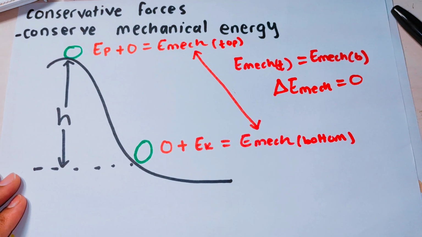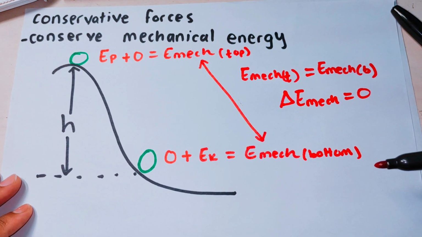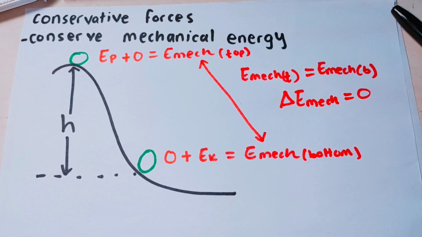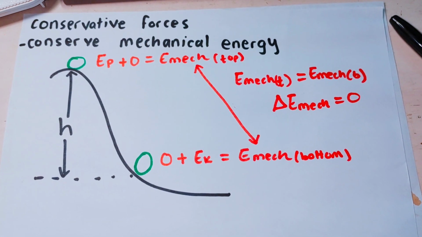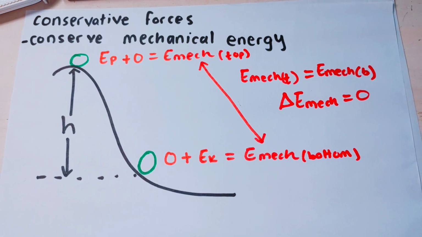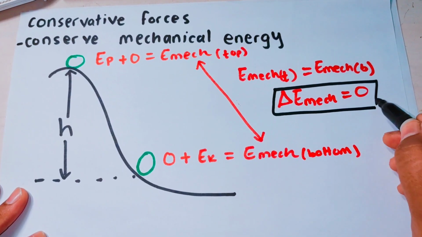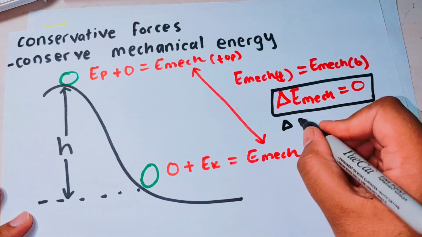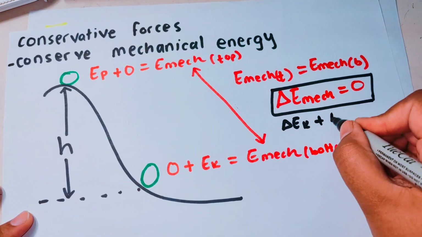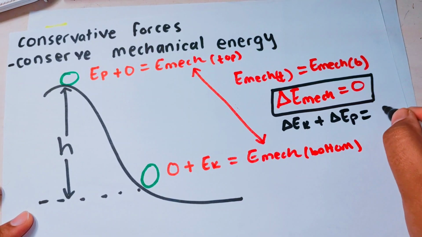And that is how mechanical energy is conserved when you have conservative forces acting on a system. So in this way, when you have conservative forces acting, the change in mechanical energy is equal to zero. In other words, the change in Ek plus the change in Ep is equal to zero.